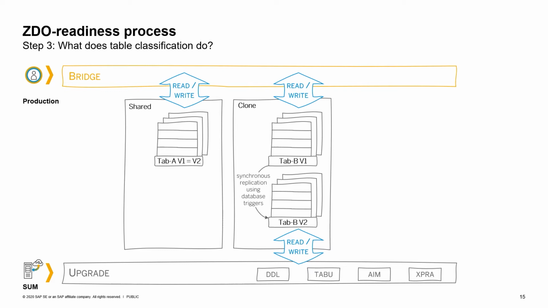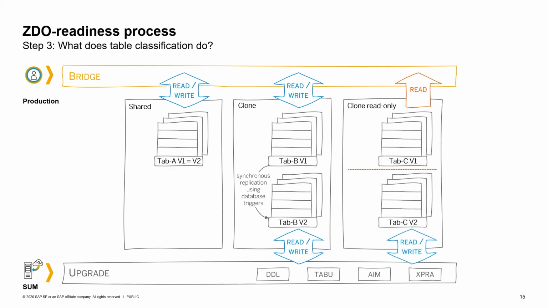Because please remember, the bridge is the business users that still work on the existing and the original release. So in our example, this is 1909, whereas the upgrade prepares the release 2020. It is ensured by our synchronous replication that the changes that are persisted by the bridge into the original table have also been forwarded to the table version 2, which will be the one that survives after the upgrade.